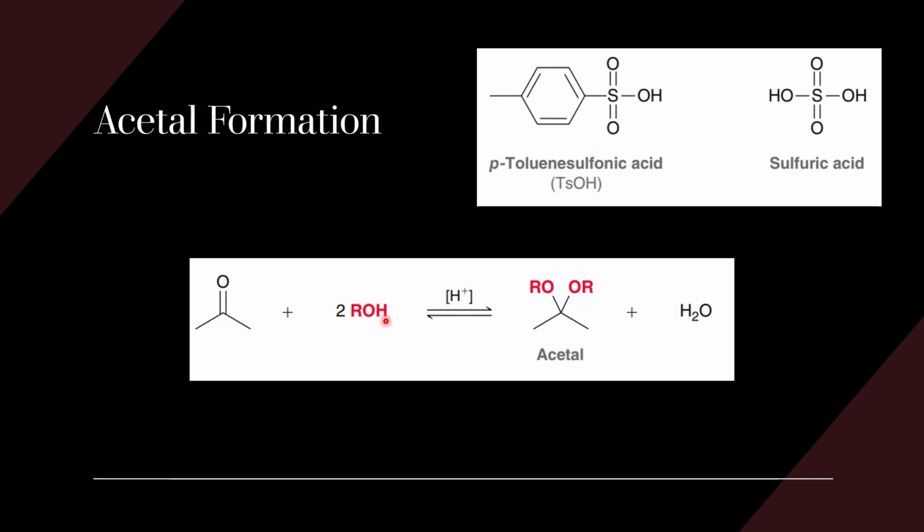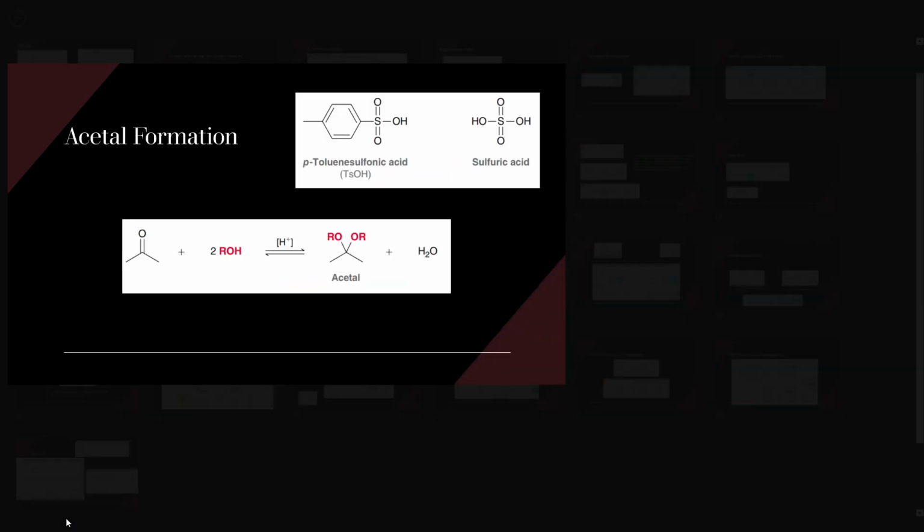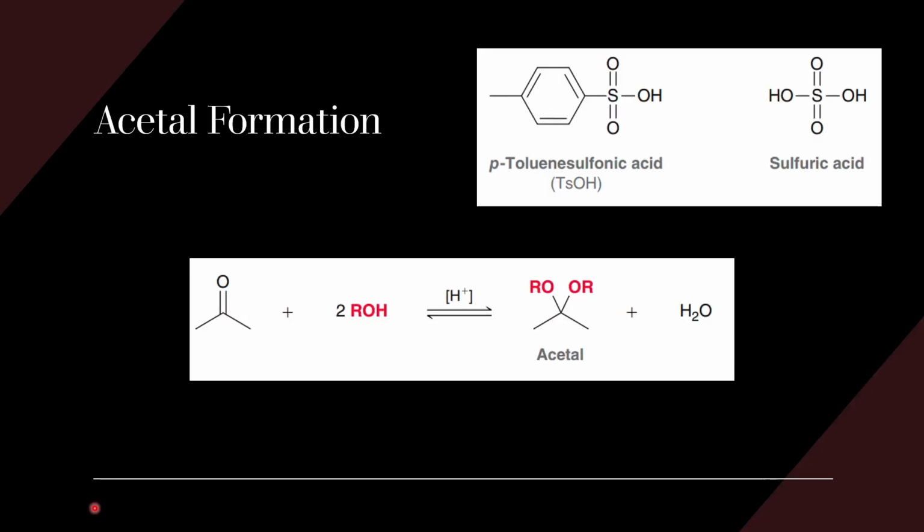If we use methanol in an acidic environment, what we are going to get is a protonated methanol. This is a new type of symbology that we're going to introduce here, and I'll show it on my piece of paper. It looks like this, with an H with a plus, and this simply means in an acidic environment.